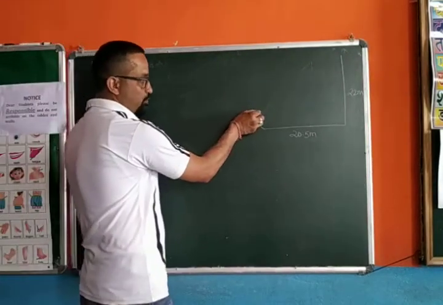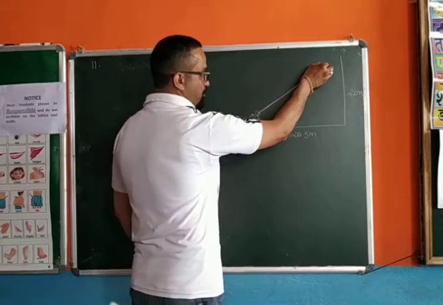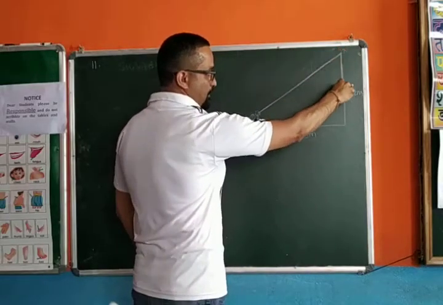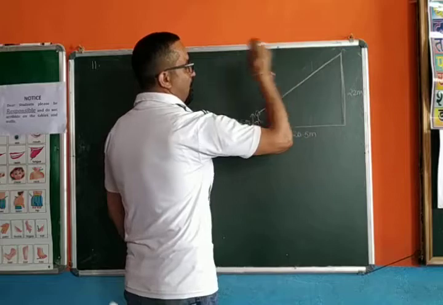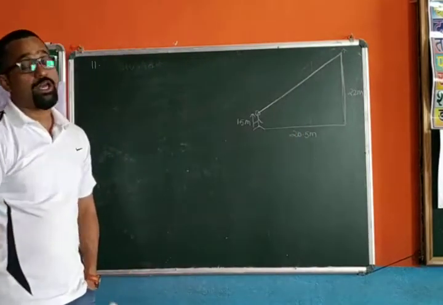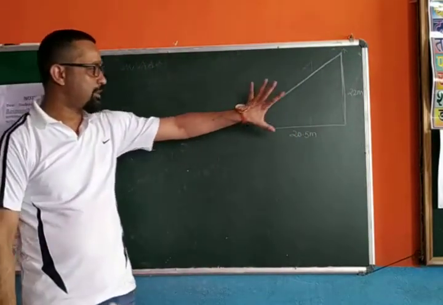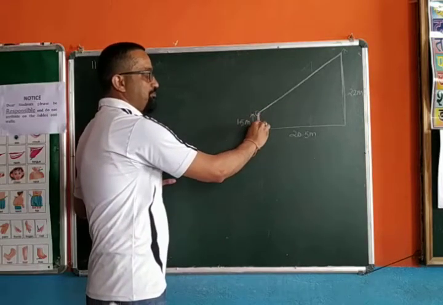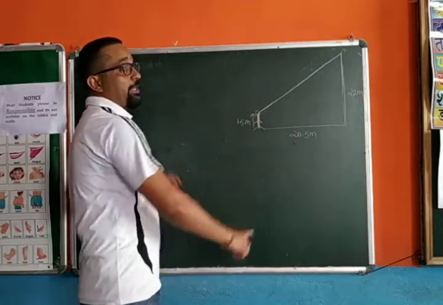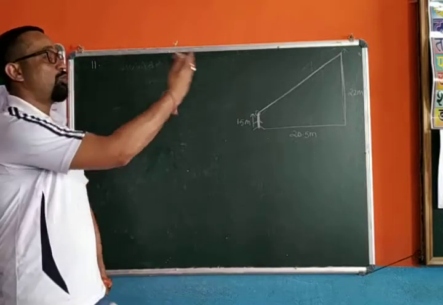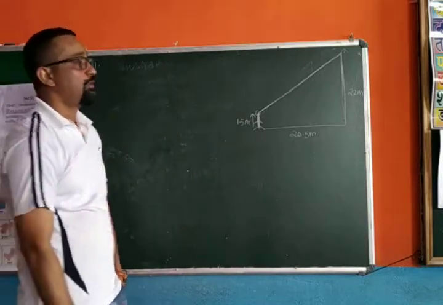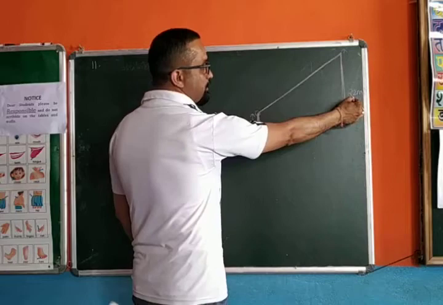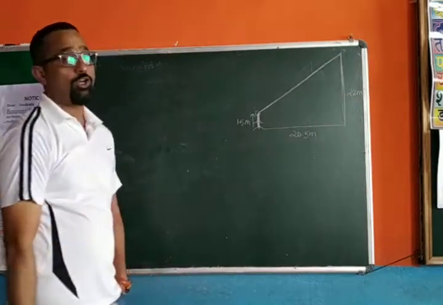So the observer is looking at the top of the tower. You have to calculate the angle of elevation. Look at the diagram carefully. Observer is 1.5 meter tall, standing 20.5 meter away from the foot of the tower, and tower is 22 meter tall.